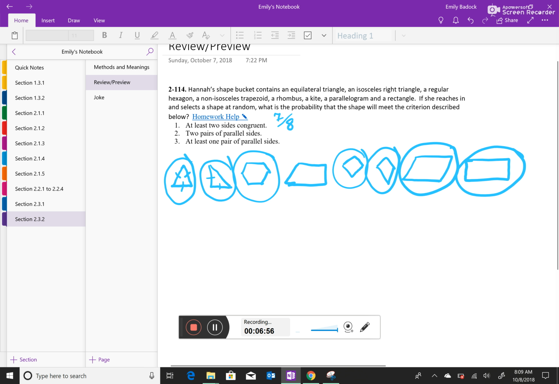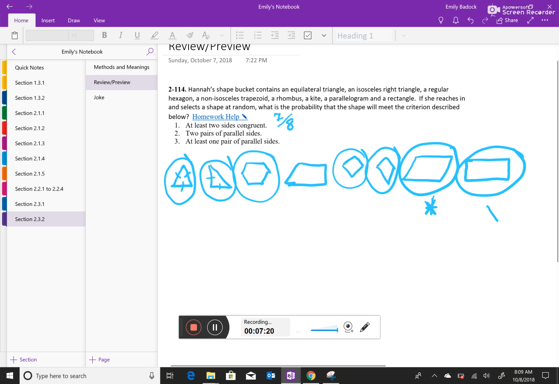Alrighty. The next one says 2 pairs of parallel sides. So they need to have more than 1 parallel side. For this one, we know that the parallelogram has 2 pairs of parallel sides.